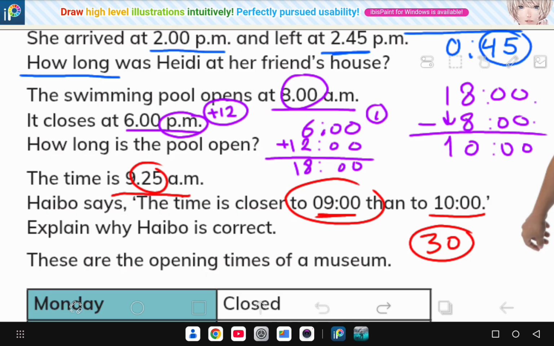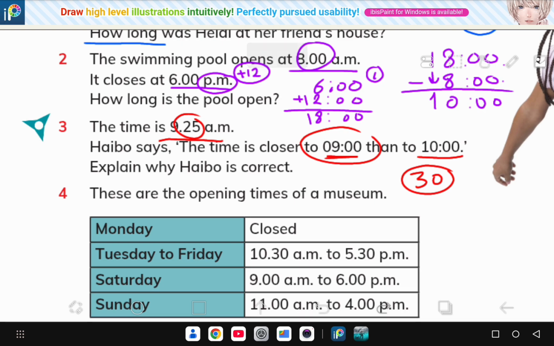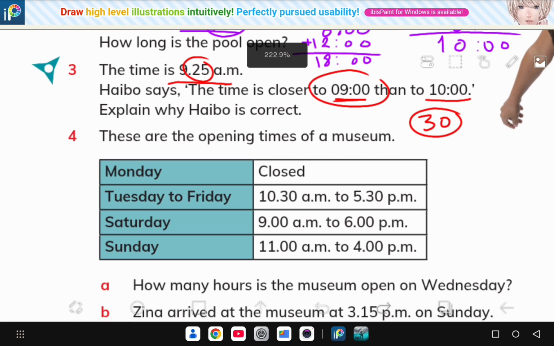Or we can say that 25 minutes passed from 9, and I have 35 minutes left for it to reach 10. So it's actually correct and it's closer to 9.